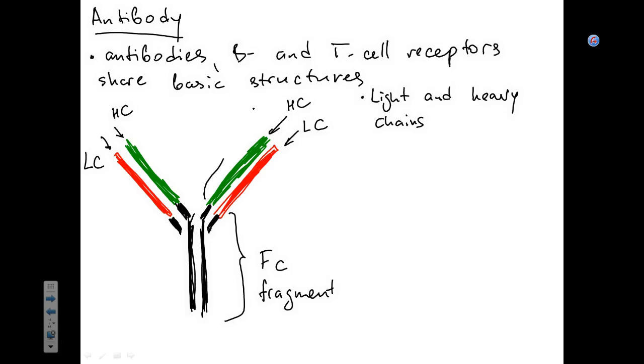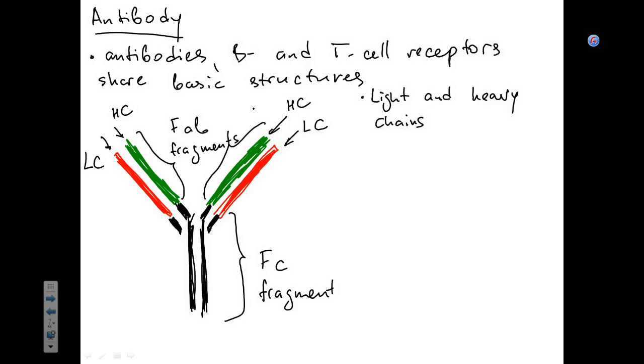These parts, the colored ones, are called FAB fragments. So you can see that there are 2 FAB fragments and 1 FC fragment. Each FAB fragment consists of a part of the heavy and part of the light chain.